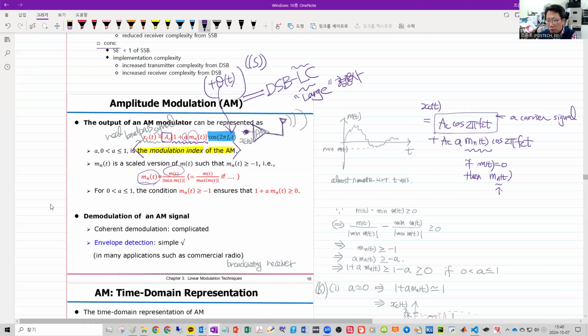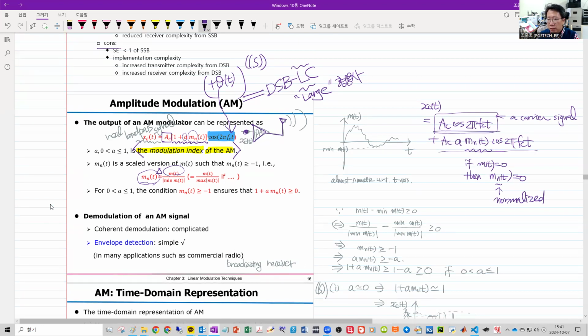So this N means normalized. Normalized means that something is set to 1, the unity, okay? And normalization depends on what is normalized, but I will talk about it soon. Anyway, by this definition, message 0 means the normalized message signal is also 0, and the second term disappears.